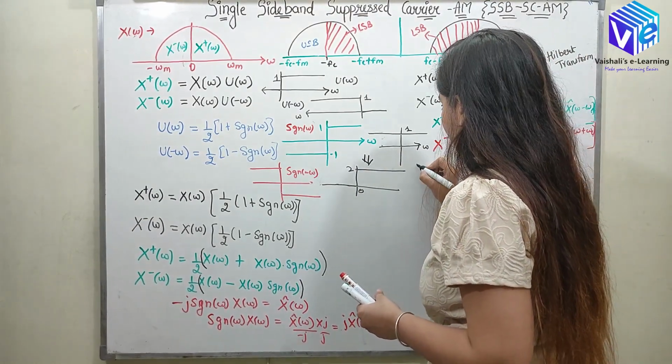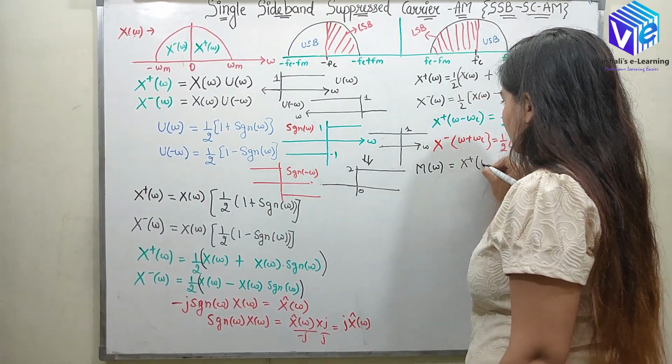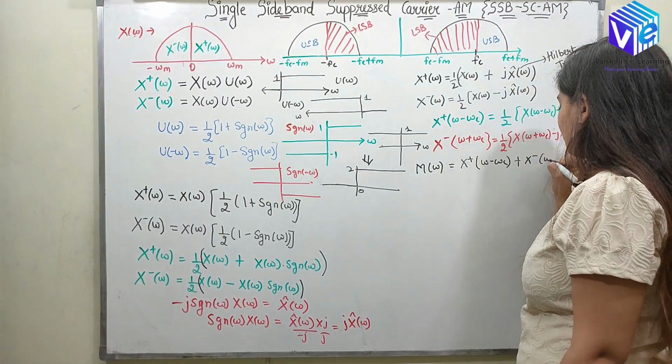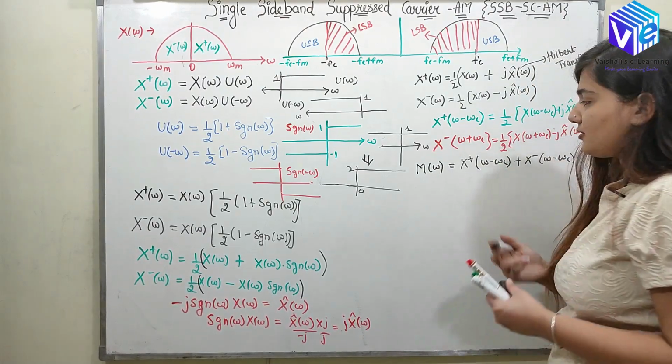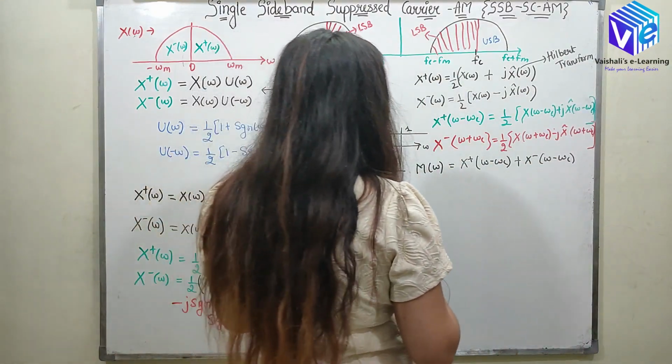So M of omega would be X plus of omega minus omega c plus X minus of omega plus omega c. So this is my modulated signal. So now let's represent my modulated signal.